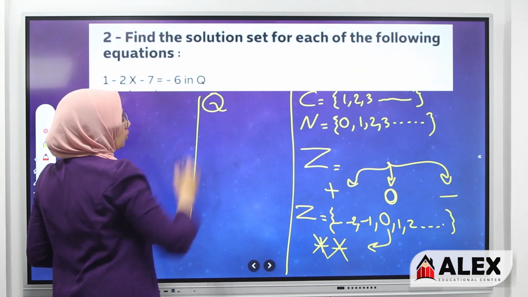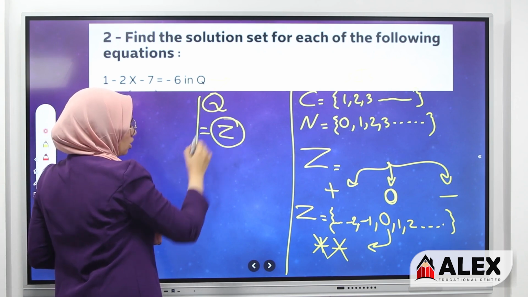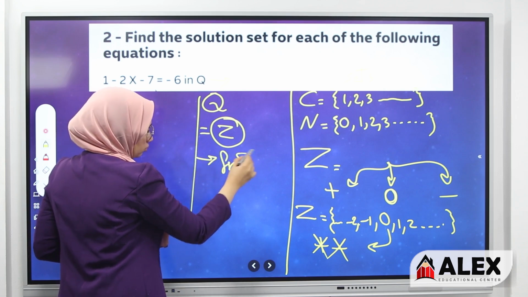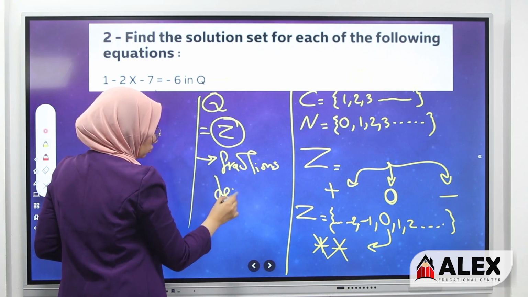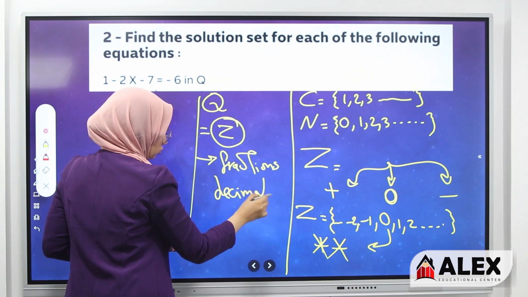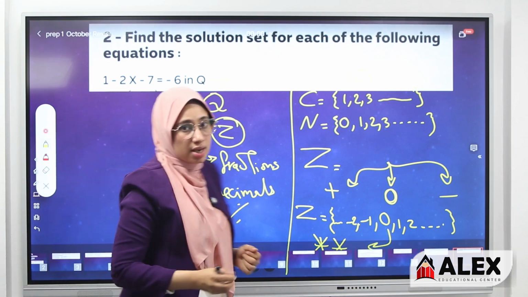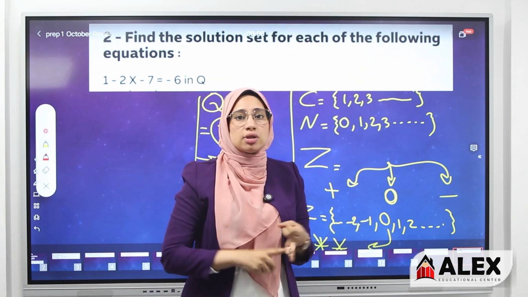The irrational numbers. Irrational numbers are all the integer numbers plus what? Fractions, decimals, percentages. It has all the integer numbers and decimals and what?